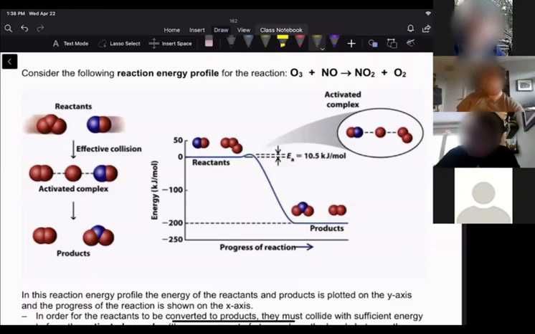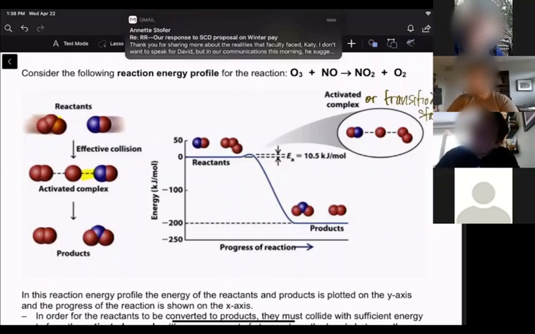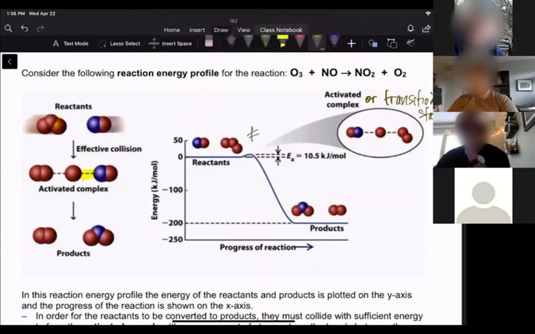It's oriented so that if that collision can break the ozone bond there, then it will add the oxygen onto this molecule. So this activated complex, or sometimes these are called transition states, and they're often given a little dagger symbol, that's represented right here.